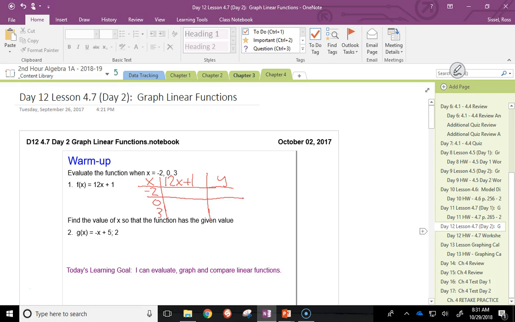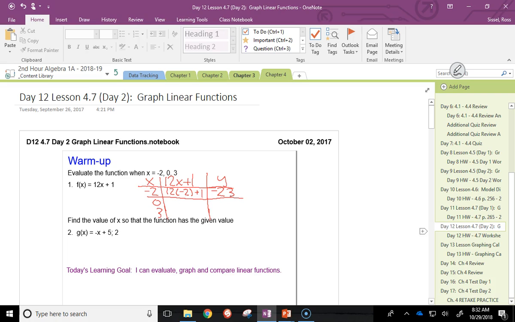Yeah. You do 12 times -2 plus 1. And what did you get for your answer? -23. Is that what everyone else got? Yes. Yeah, that's what I got. Good job, Brayden. Okay.